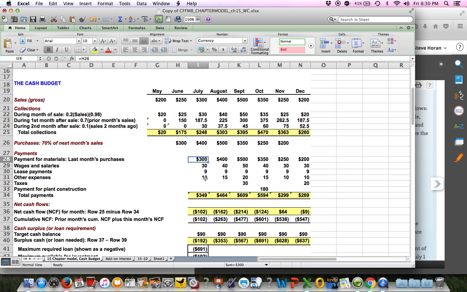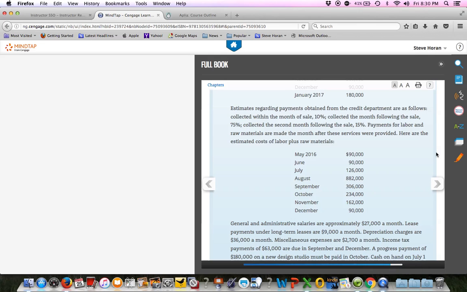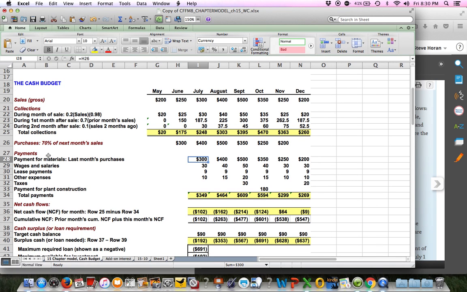You do have an other expense, and let's see, you had 2,700 for miscellaneous, 36,000, 9,000 for the leases, and general administrative salaries of 27,000. So you did have some general administrative salaries. So just make sure you fit those into these categories here. It doesn't really matter what they're labeled, just so you've got the numbers right. So you have all the numbers kind of laid out for you when you go and enter this into Aplia.